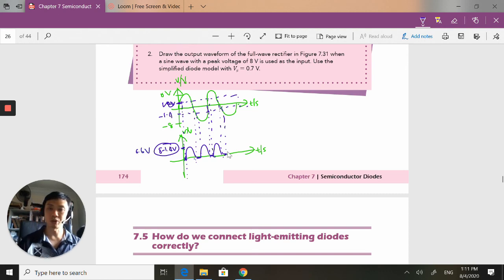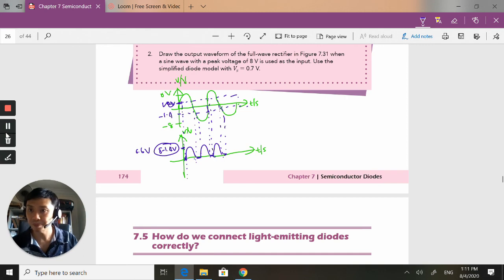I hope you have fully understood how to convert an AC into a DC signal. There are two ways that we can do so. One is using a full wave rectifier, and the other is a half wave rectifier. Also take into account, okay, where was I?